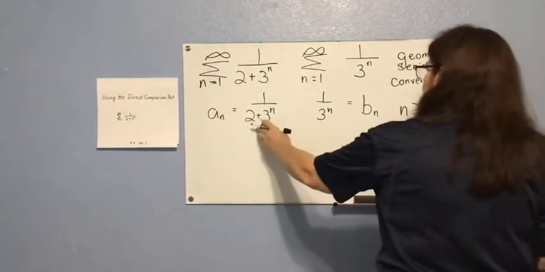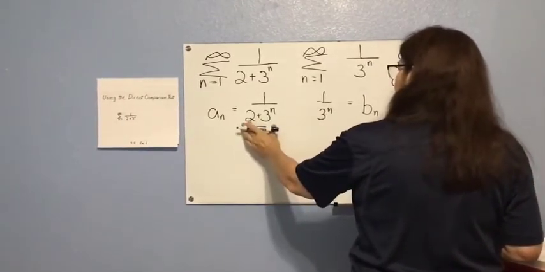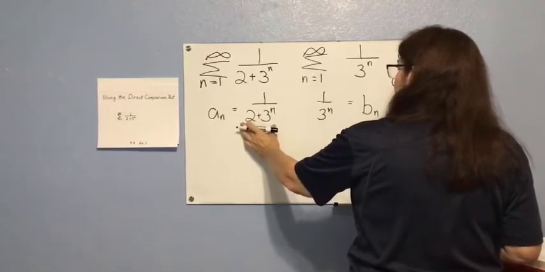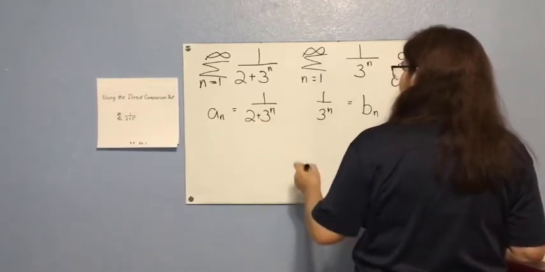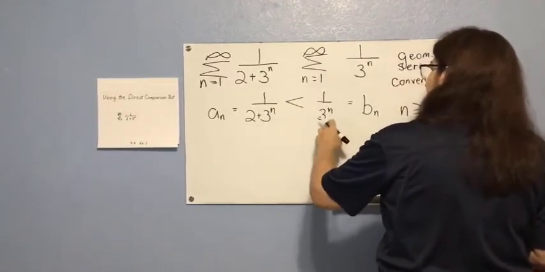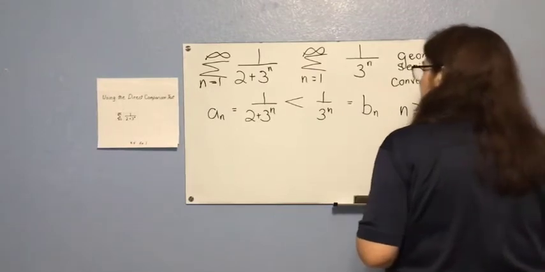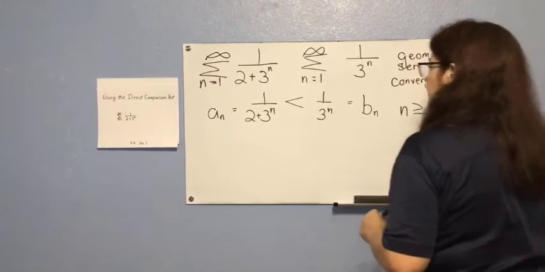Now looking at these two fractions, this one is always going to have a larger denominator than this one. And a larger denominator means smaller fraction. So A sub n will always be less than B sub n. And we already know that B sub n is convergent.